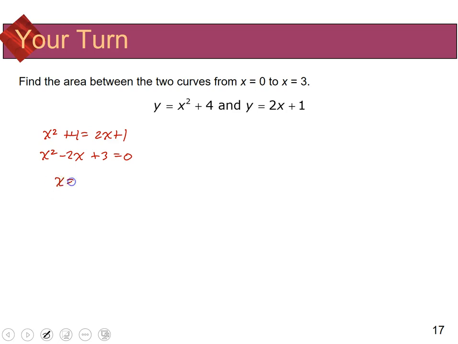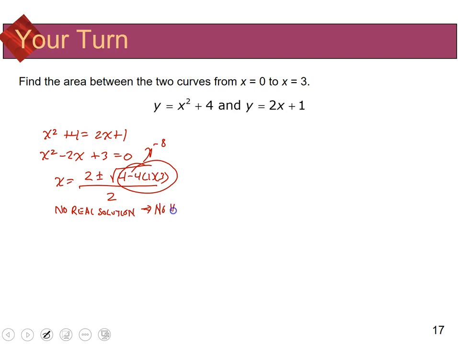When I use the quadratic formula, 4 minus 4 times 1 times 3, over 2 times 1, this goes to negative 8. And since I have a negative underneath the square root, there is no real solution when I set those equal to each other. That also means that there is no intersection point.